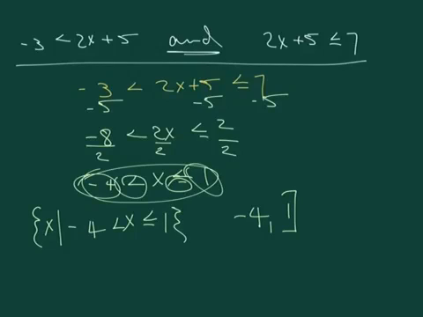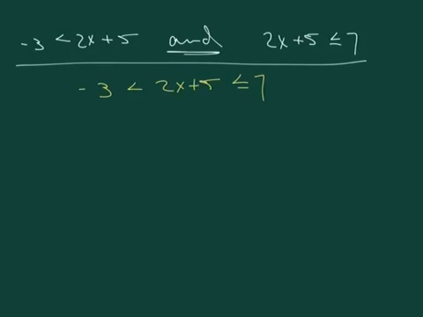It does not include negative 4 because there isn't an equal sign there, so it's rounded. Okay, and when you graph it, it looks the same way. You've got your -4, you've got your 1, you've got a square there, and a round one there with a line telling you that we're talking about everything in between there. Okay, so that's a conjunction.